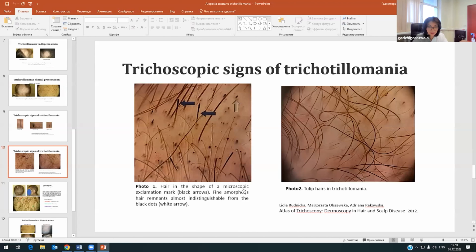In this picture, we can see trichoscopic signs specific for trichotillomania, like black dots, microscopic exclamation mark hairs, fine amorphous hair remnants almost indistinct from black dots, and tulip hairs.